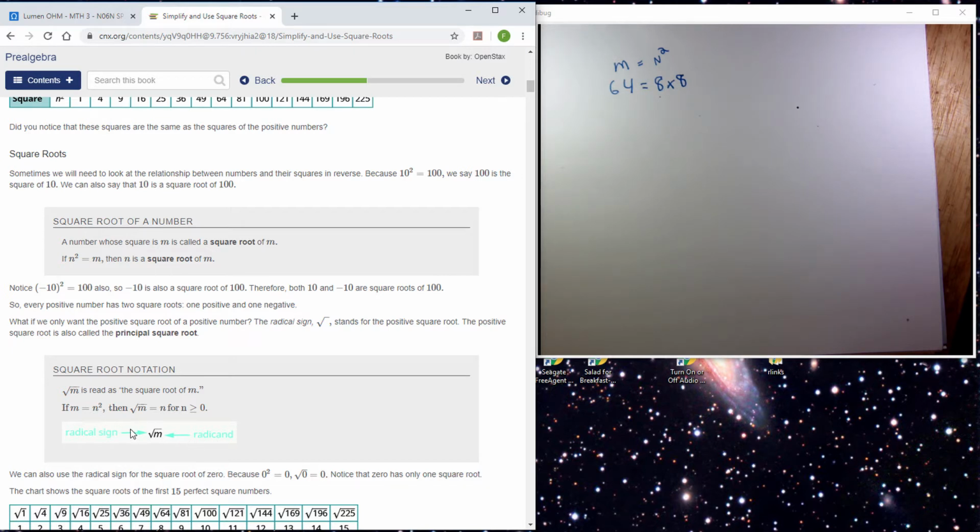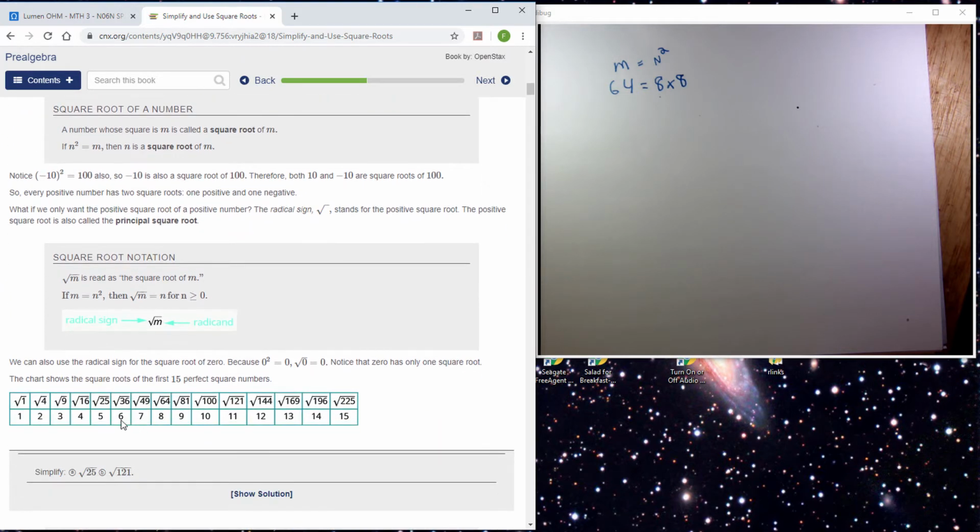That symbol is called a radical sign. Inside, what you take the square root of is called the radicand. Then you show what happens when you take the square root of perfect squares. Square root of 4 is 2. Square root of 16 is 4.